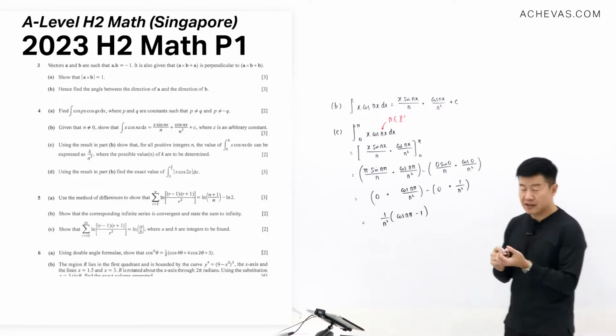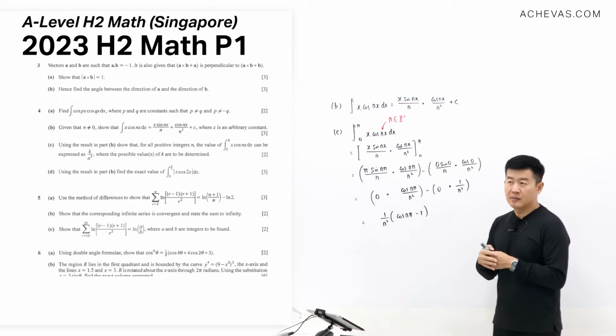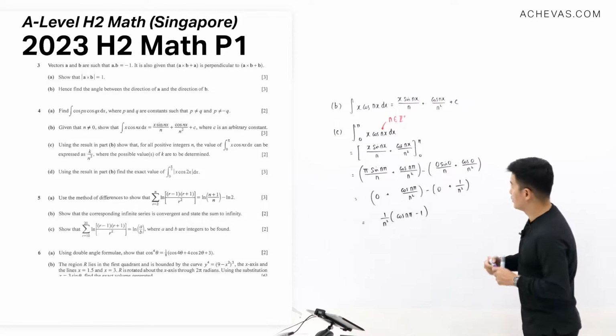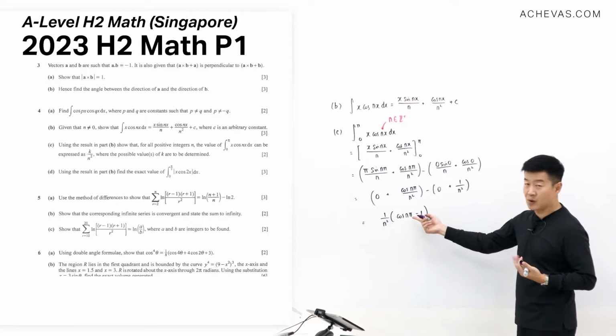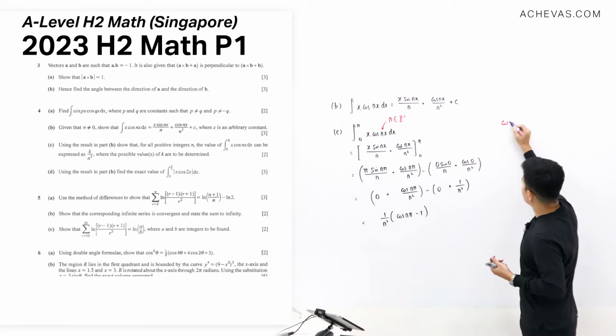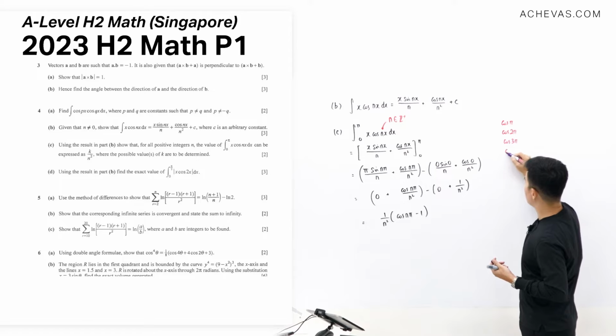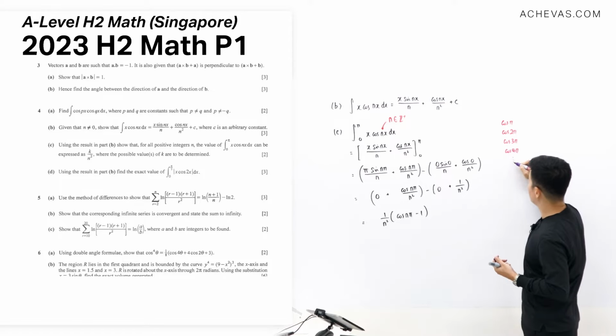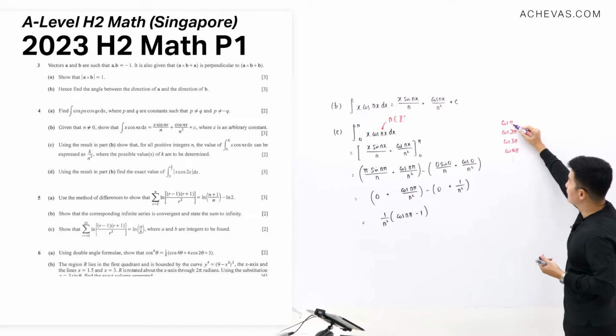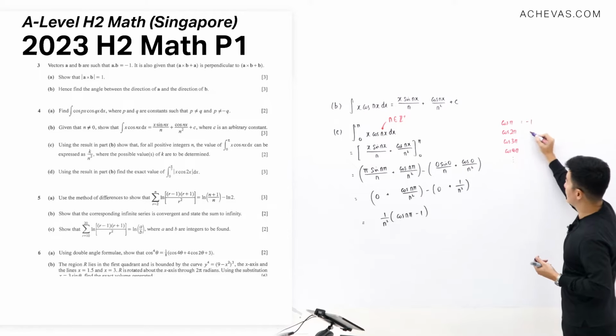And now let's analyze cosine n pi. Because n is a positive integer, for example, when n is equal to 1, then we will have a cosine pi. If n is equal to 2, then we will have a cosine 2 pi, then cosine 3 pi, cosine 4 pi, and all the way. Cosine pi is going to be equal to minus 1.